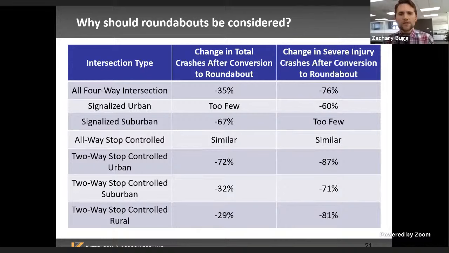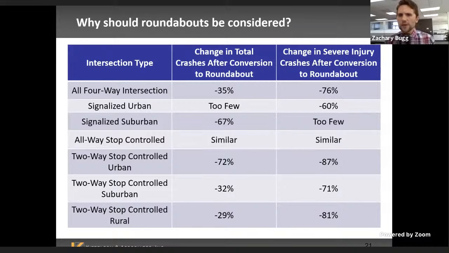So you see the biggest benefit here is really looking at, so we've combined all the 4-leg intersections up at the top row, and then we've kind of broken these out into signalized urban, suburban, and then looking at the stop control. The biggest benefit for fatal and injury crashes is obviously with the rural intersection types.